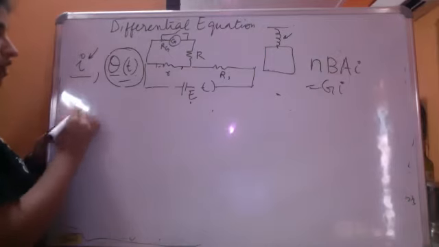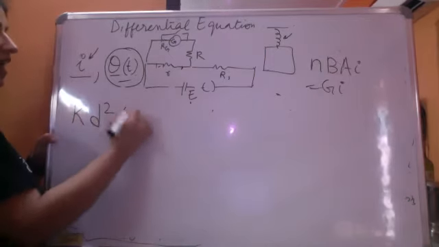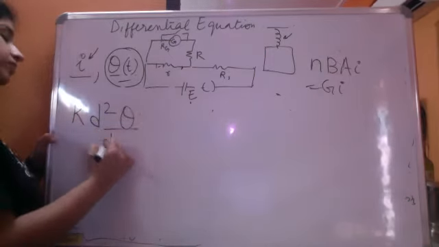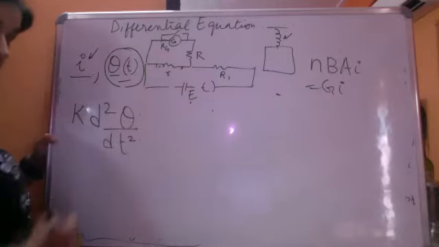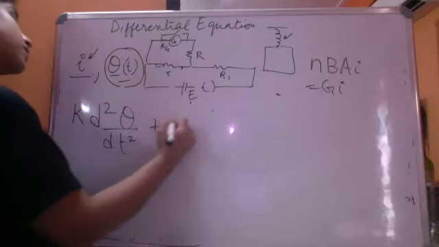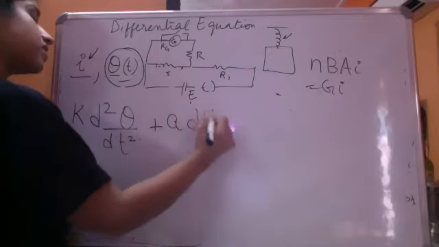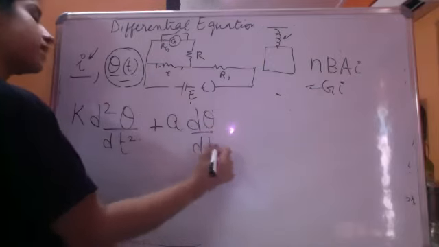My differential equation is K d square theta by dt square plus A d theta by dt plus C theta.